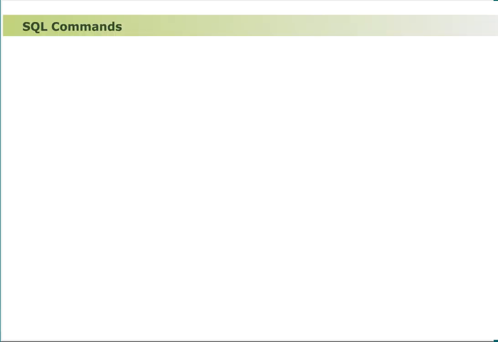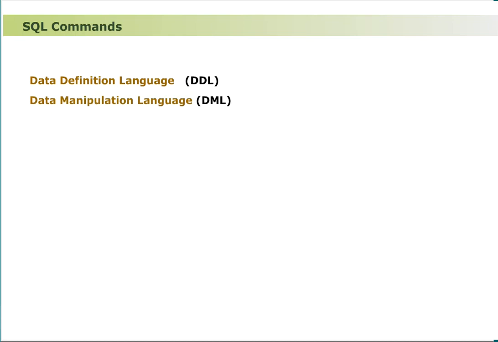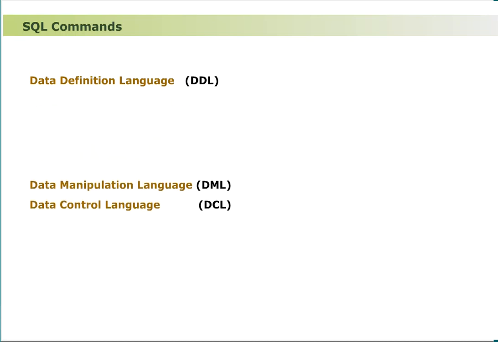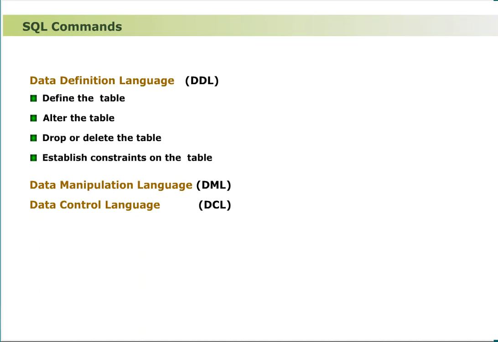Commands. Dear learners, now it is time to discuss SQL commands, which are grouped as data definition language, data manipulation language, data control language. The data definition language is used to define the table, alter the table, drop or delete the table, establish certain constraints on the table.